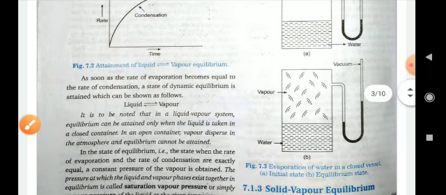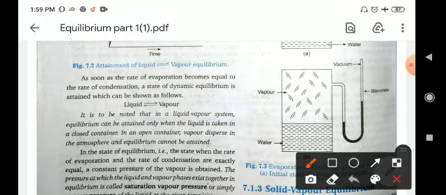So attainment of liquid-vapor equilibrium: as soon as the rate of evaporation becomes equal to the rate of condensation, a state of dynamic equilibrium is attained, which can be shown as liquid to vapor and vapor to liquid. It is to be noted that in a liquid-vapor system, equilibrium can be attained only when the liquid is taken in a closed container.